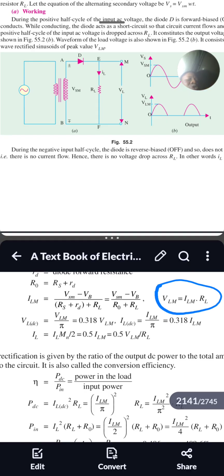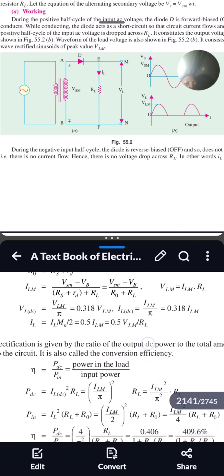If they are not 0, it will be IM times, in brackets, RL plus RF plus RD plus the rest, to get your VLM. So okay, let's continue from here.